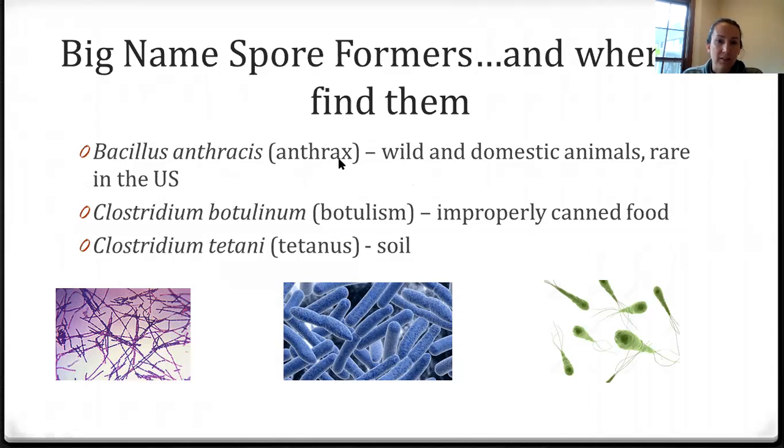Anthrax, right here, is in wild and domestic animals. It's rare in the United States. Botulism is caused by bacteria that might be found in improperly canned foods. Tetanus can be found in the soil, also on rusty nails.